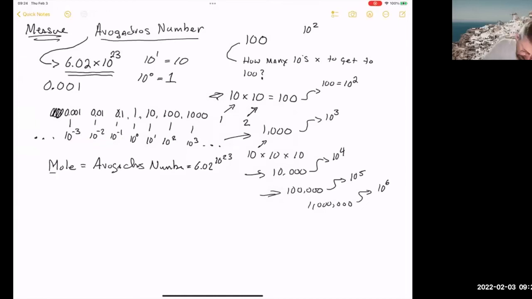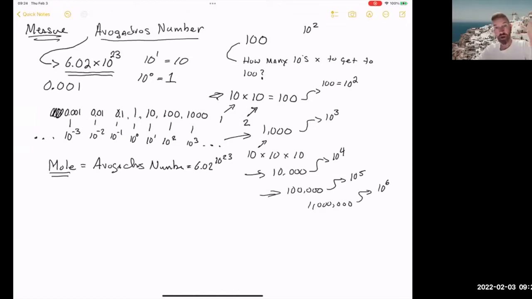So if I have a mole of pennies, I have 6.02 times 10 to the 23 pennies. That's what a mole is.